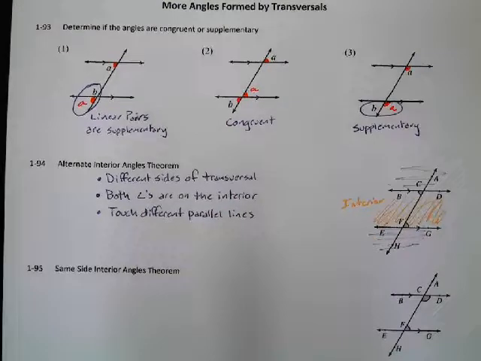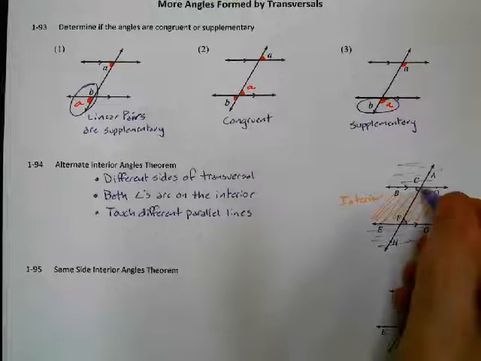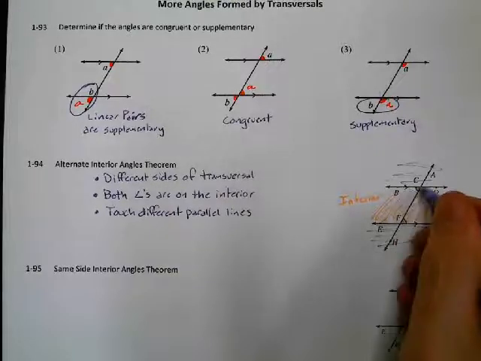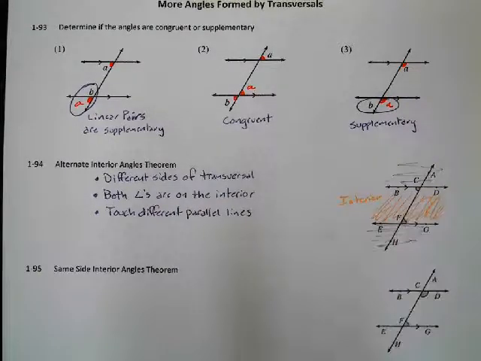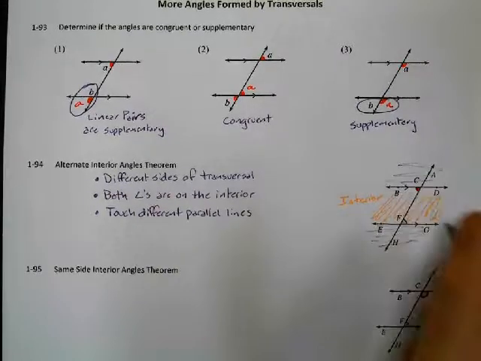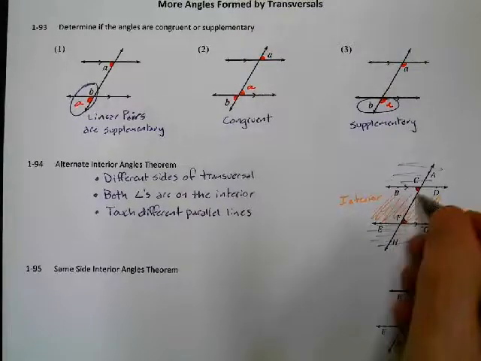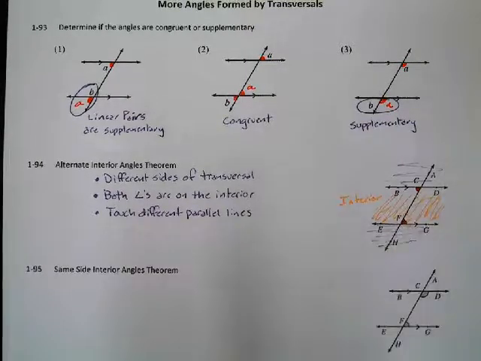All right, looking at this, we've already got some alternate interior angles marked. This angle right here is the angle BCF, and this angle here, GFC, those are what we would call alternate interior angles.